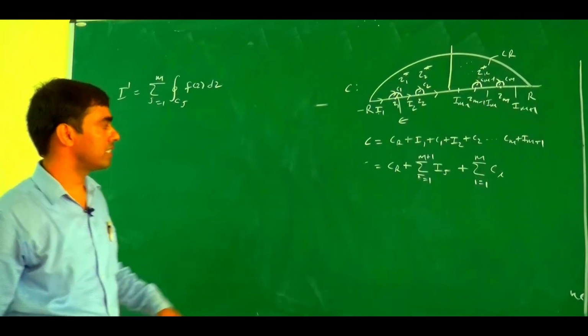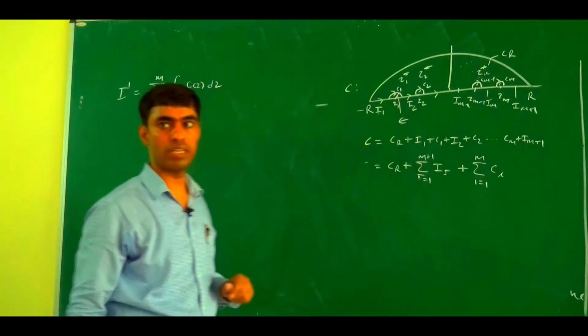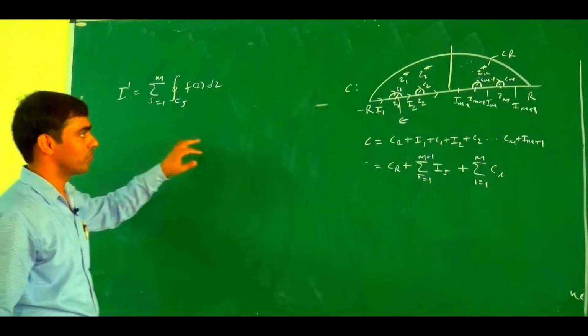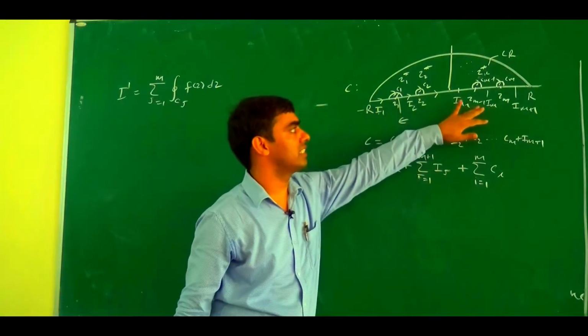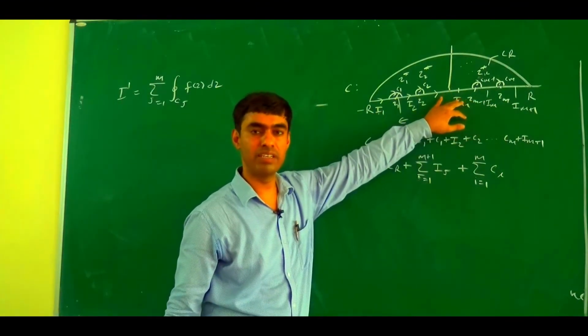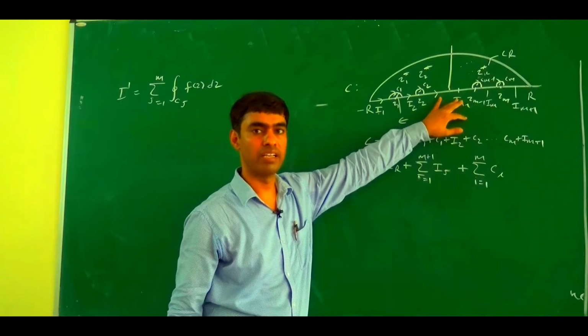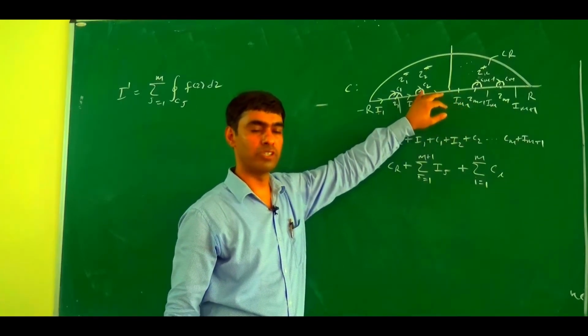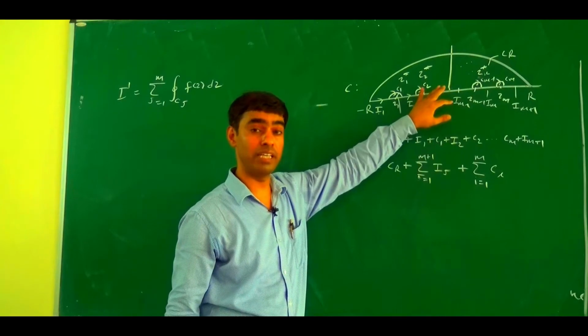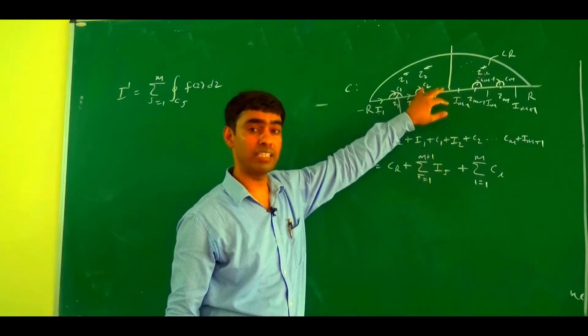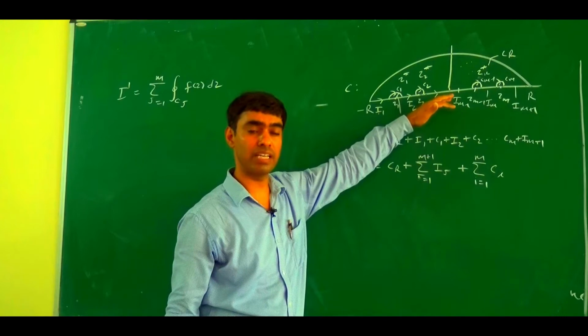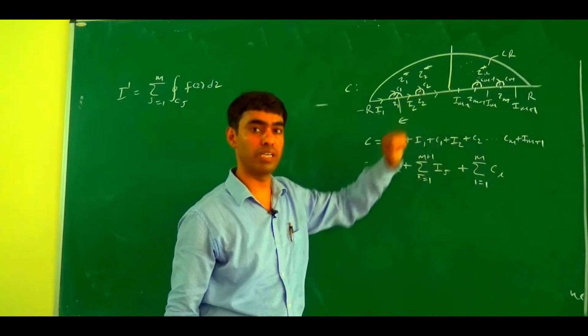Now, what is Cj? Cj is C1, C2 like this, around z1, z2, z3, zm. Each zj is a pole of order 1. If we expand this as a Laurent series, how many terms are in the principal part? There is one term.